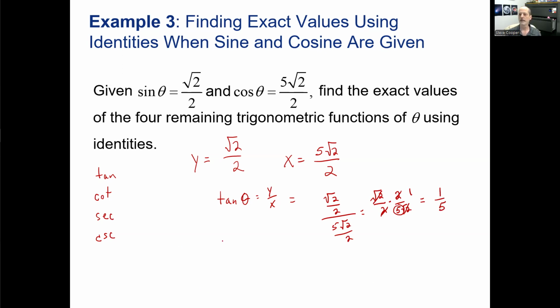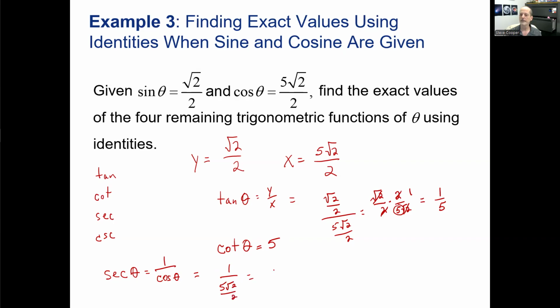Okay, so that gives us the cotangent for free, since it's the reciprocal of the tangent. So the cotangent is going to be 5 over 1, or 5. And remember that our secant goes along with the cosine. So we're just going to say this is 1 over the cosine theta, which we have. So that's 1 over 5 times the square root of 2 over 2.